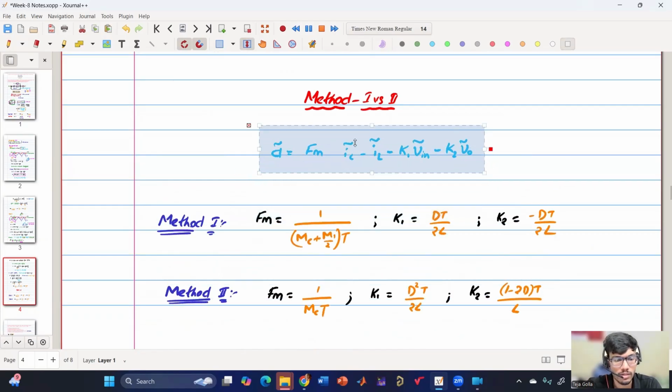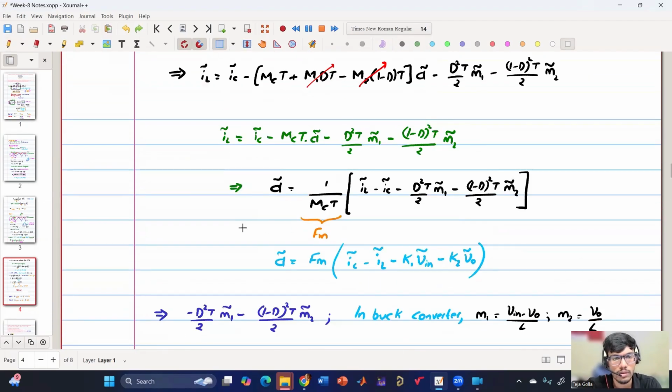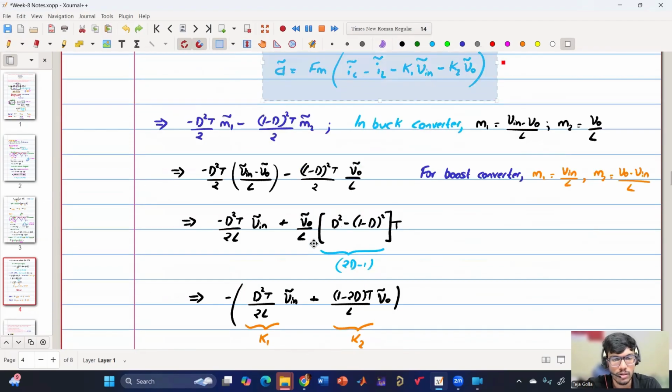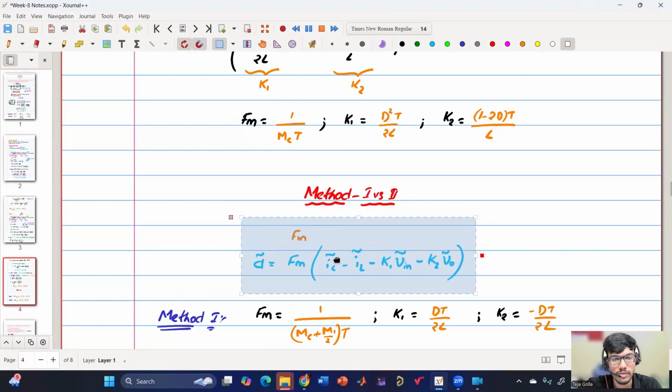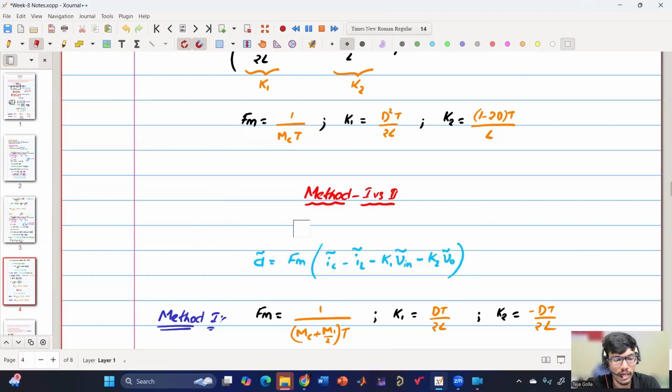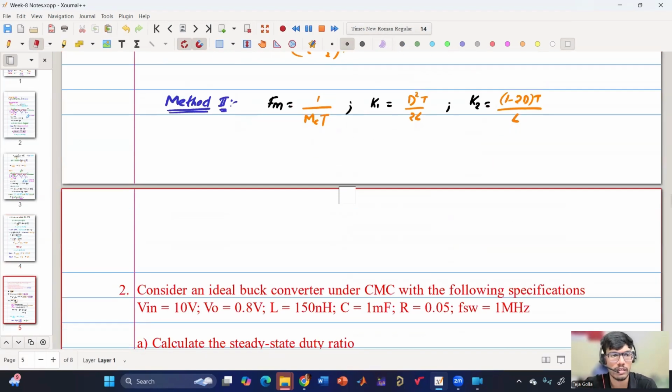And these are the three gains for both methods, method 1 and method 2.